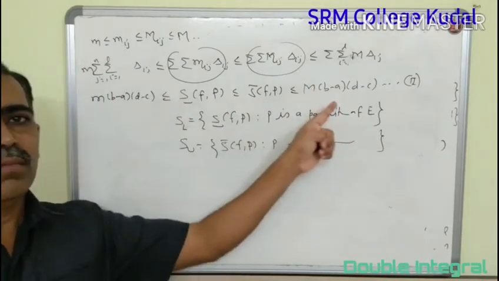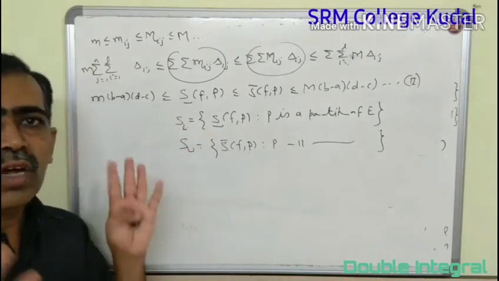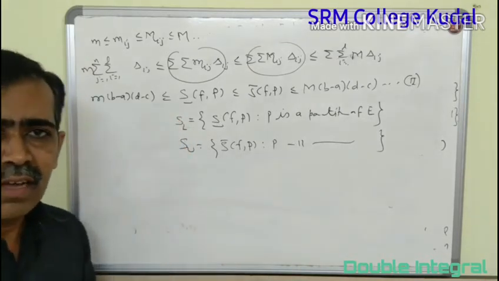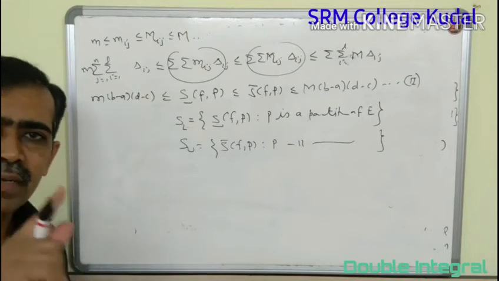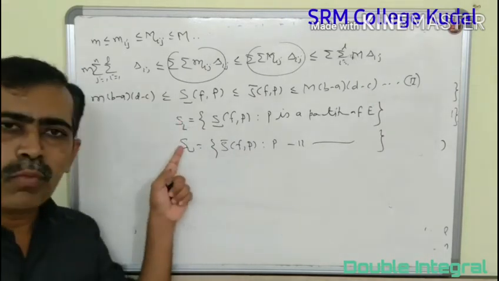Definitely the set SL of all lower sums and the set SU of all upper sums are bounded sets, and hence, as they are bounded, you can define the infimum and supremum of SL, and the infimum and supremum of SU.